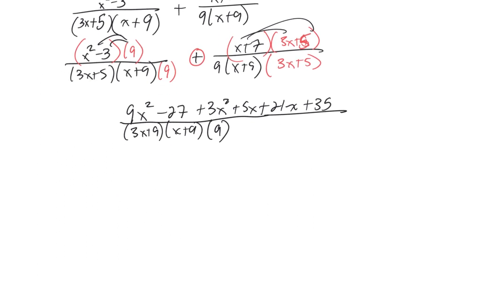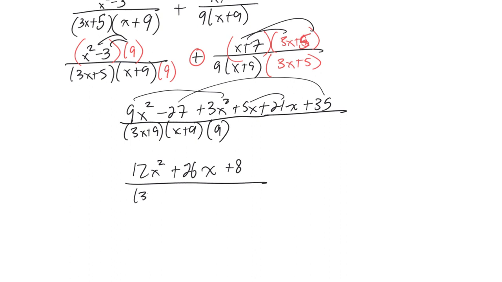Okay, simplifying, I'll get these two, that's 12x squared, and then the x's plus 26x, and then the numbers, that'd be plus 8, over my lowest common denominator, 3x plus 9.